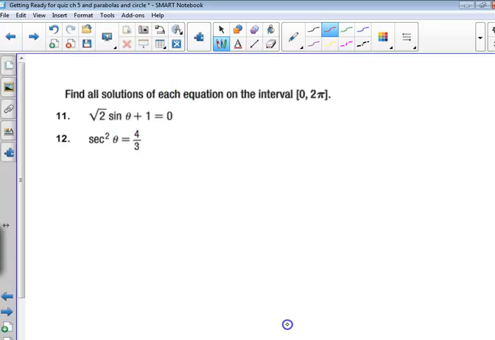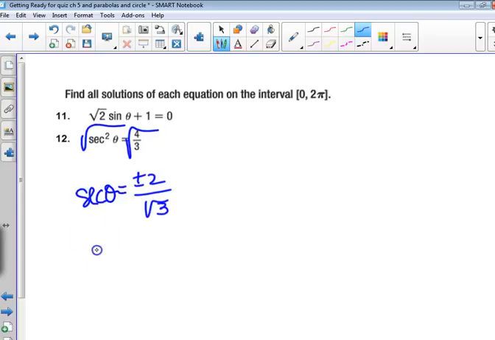The similar question to that, guys, both of these are solve. This one's a little funky. Do you remember what happens here? Plus or minus 2 over square root of 3 equals secant. How do you flip that over? Right?